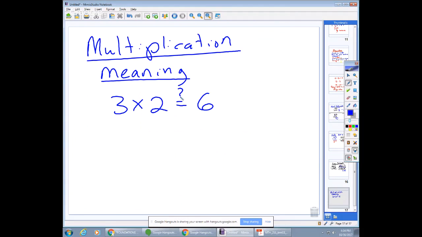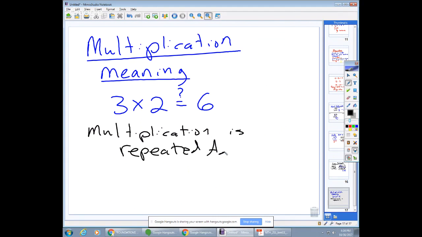A couple of common ones I think about for multiplication: multiplication is repeated addition. That's a pretty common one.